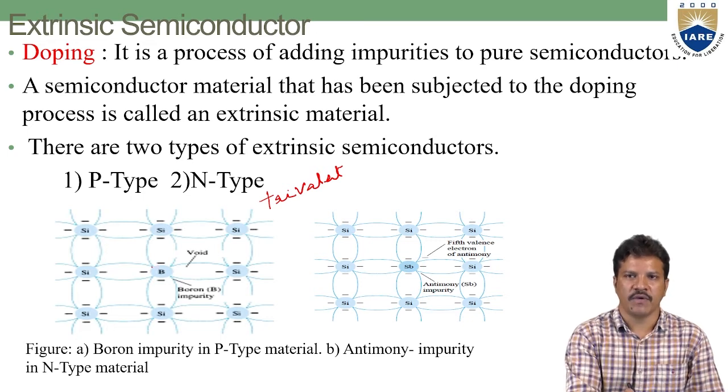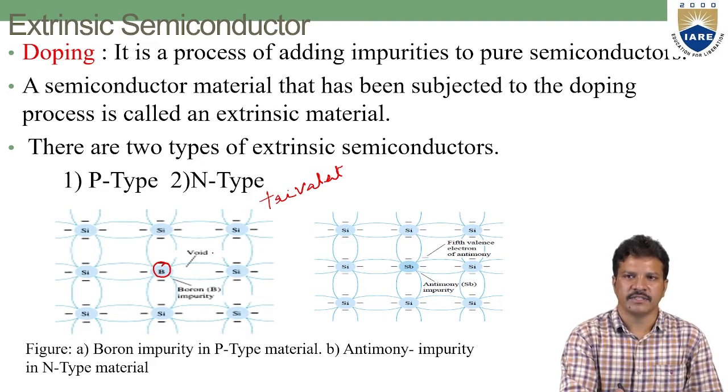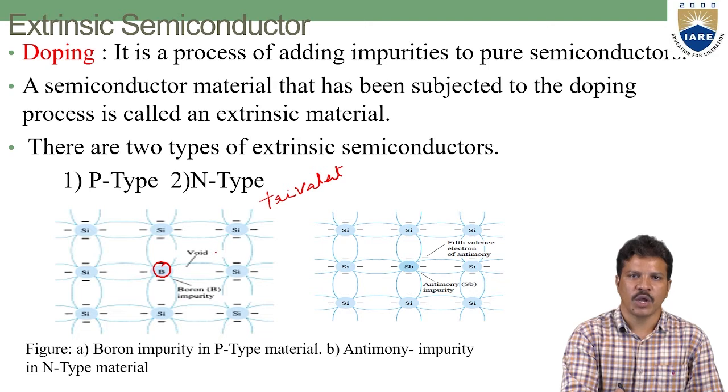If you take the trivalent atom and replace a silicon atom with it, then we know that boron has 3 valence electrons because it is said to be trivalent. So these 3 valence electrons form covalent bonds with the neighboring silicon atoms.